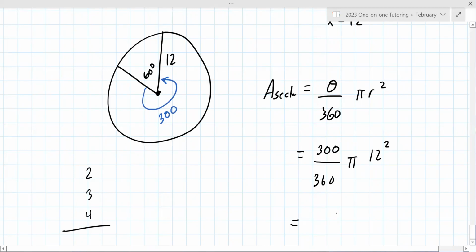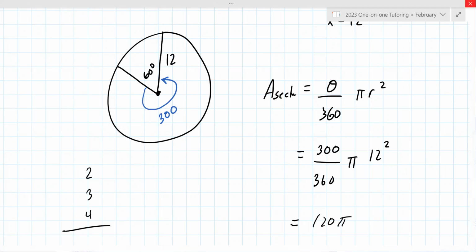Would it be 120? Yes. So I'd have to write 120 pi, and that would be my exact answer. And if I wanted approximate, I'd multiply 120 by pi. Yes. All right, that's more clear now.